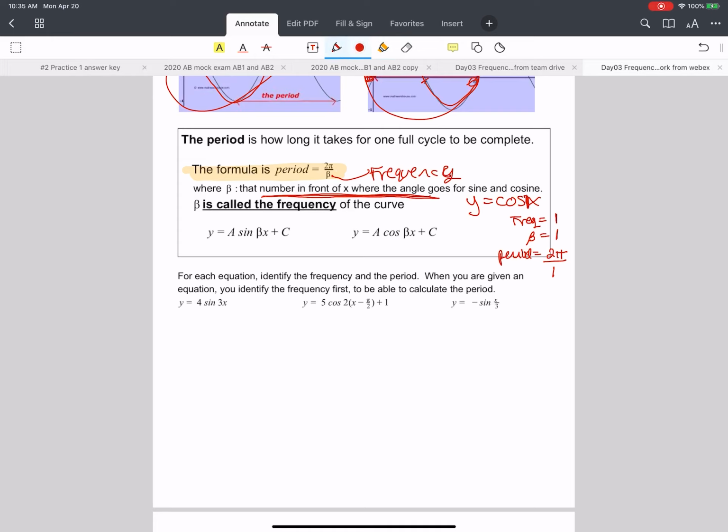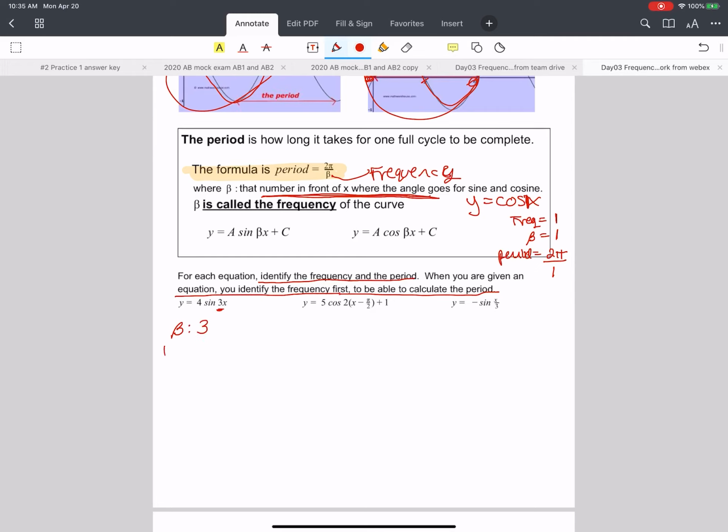If you follow through what it says here, it says identify the frequency and the period. When you are given an equation, you identify the frequency first to be able to calculate the period. So when I look at this, I know there's an amplitude and all that. I just need the frequency. So B, which is my frequency, is 3. That's my frequency.